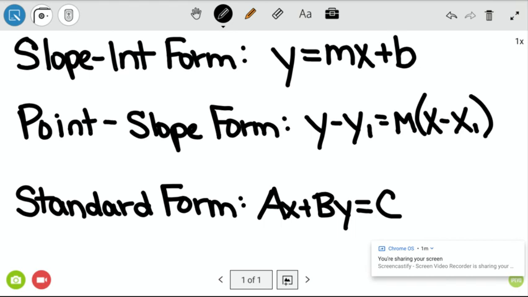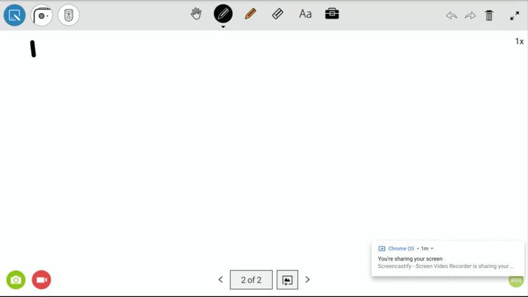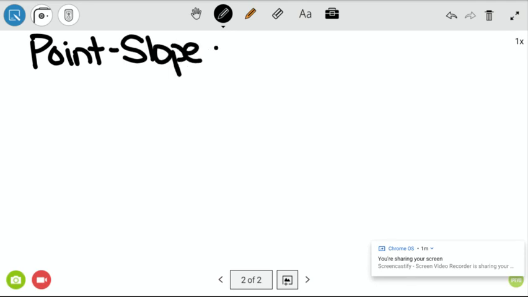Because in slope-intercept form, it says y equals, so we will just be solving our equations for y. For our first example, we are going to take an equation that is in point slope form and convert it to slope intercept.